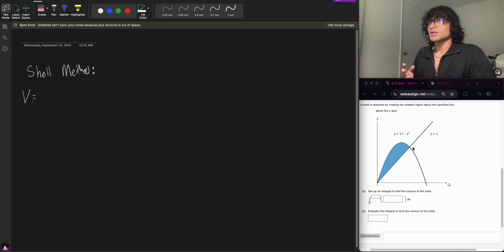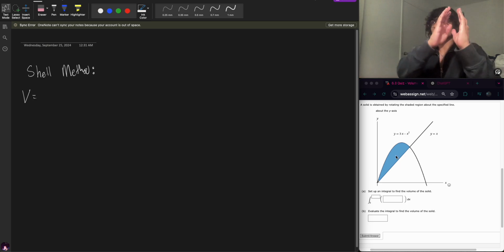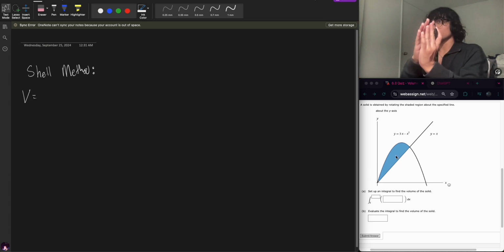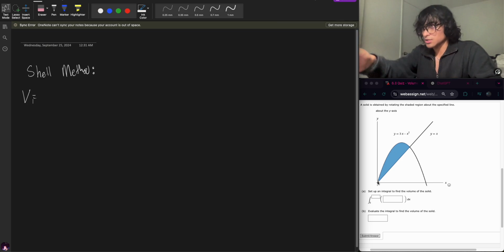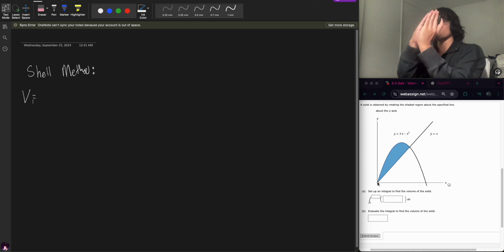I know I said that I was not going to go through the concept, but I just want to do a quick recap so it's easier to solve the problem. So the volume, which you see right here, is when this thing is going to be rotated around a specific axis, which is about the y-axis.